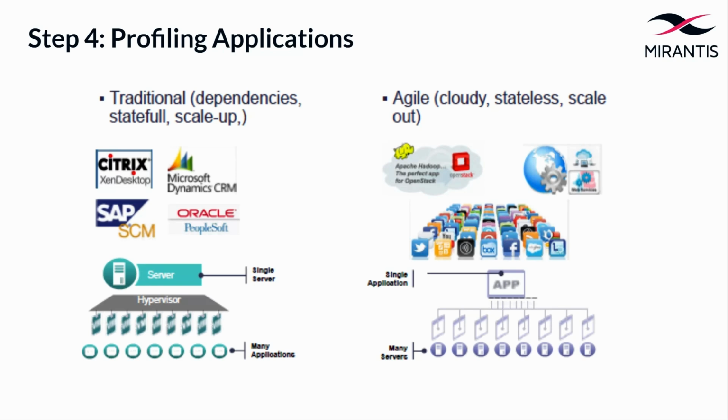Those are big, heavy applications that usually have a lot of state stuff in them, and that need to be able to scale up to manage the demand against them. And then you have a whole other group that hopefully you've started moving your folks to, that we like to call agile, that have these cloudy, stateless kinds of web-based application service layers.